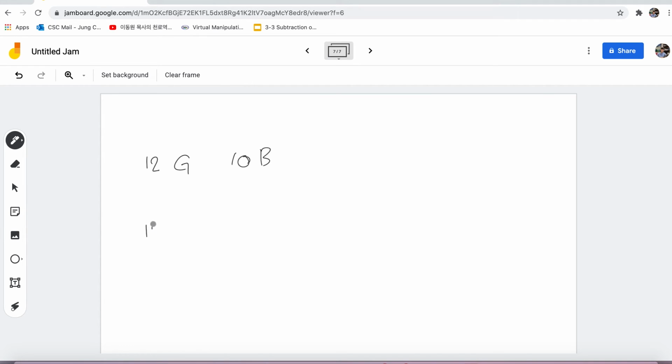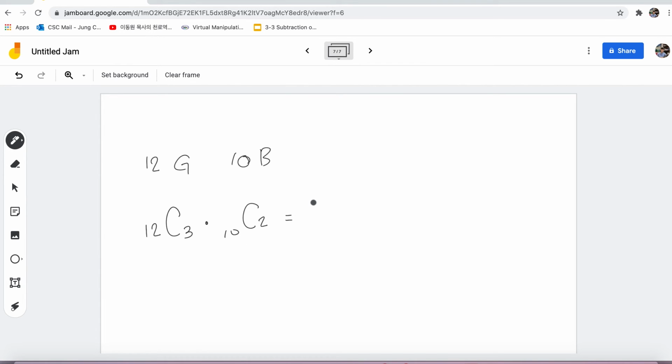So out of 12 girls, you are choosing 3 girls, and out of 10 boys, you are choosing 2 boys. So that's how many ways you can make the committee of 5 consisting of 3 girls and 2 boys.